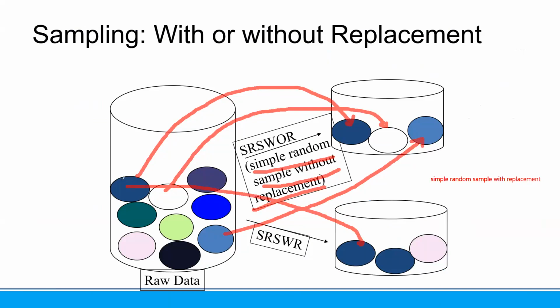So let's say if you do the sampling again, there might be a possibility to select the same object. So the same object can be selected, or reselected. And this one is from other.